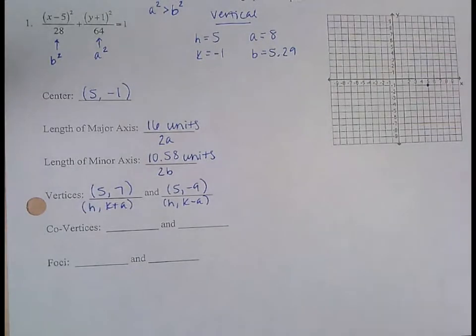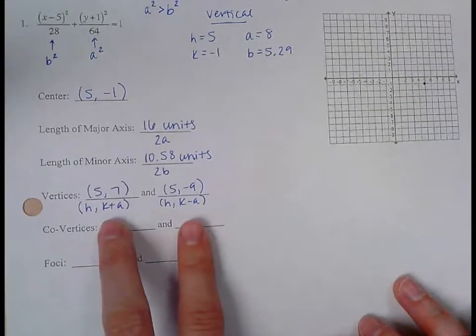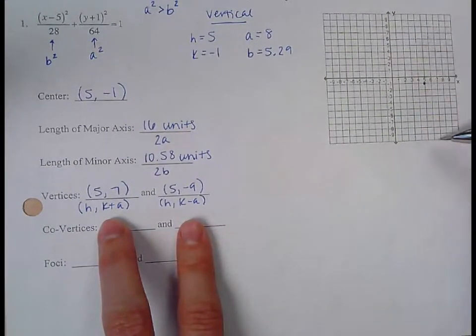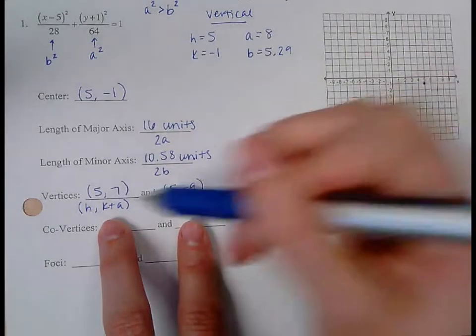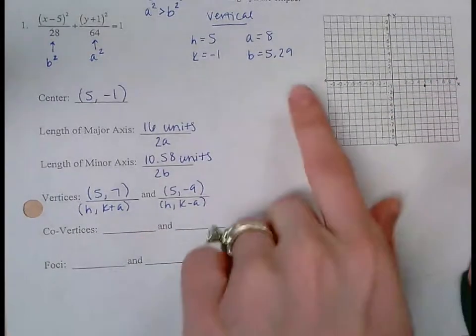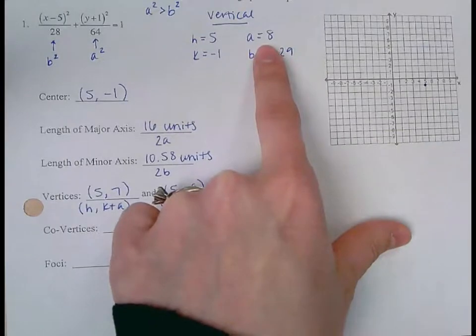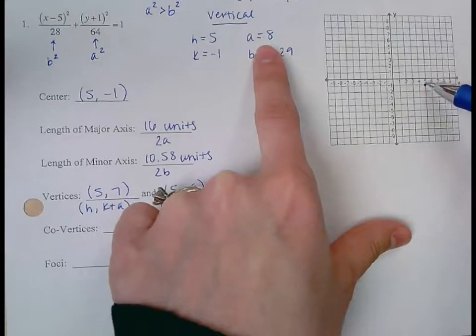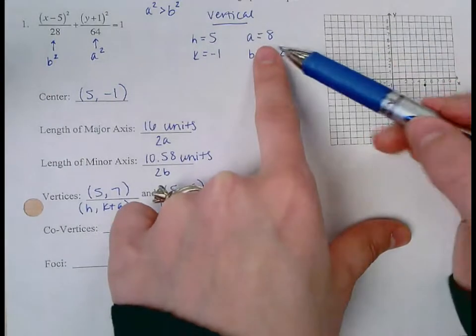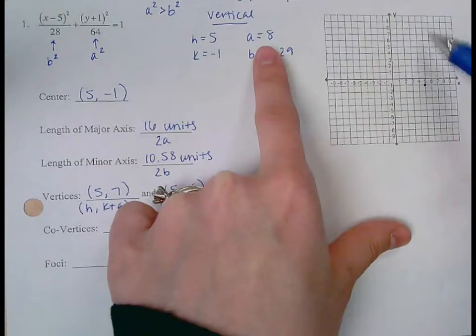So I can plot both of those points. Here's another way that you can plot your vertices as well. So you could either find what the ordered pairs should be first and then plot them, or what you could do is plot them and then write down what they are, because remember, A is the distance from the center to a vertex. So if I start at the center and I go, in this case it's vertical, so I would go up and down.